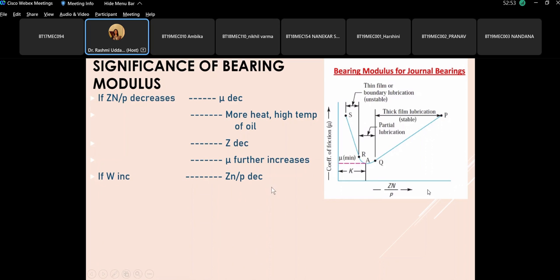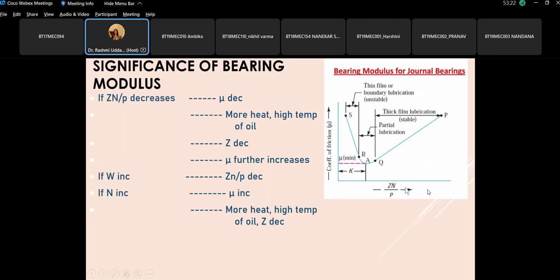With the increase in the load, this value of Zn by P initially will decrease. With increase in RPM, when N increases, you are moving towards this zone and the value of mu is increasing. As the N increases, more amount of heat is formed, temperature is increasing. Increase in the oil temperature will again bring back this Z. Viscosity decreases and this will again come back in the same zone of PQ.